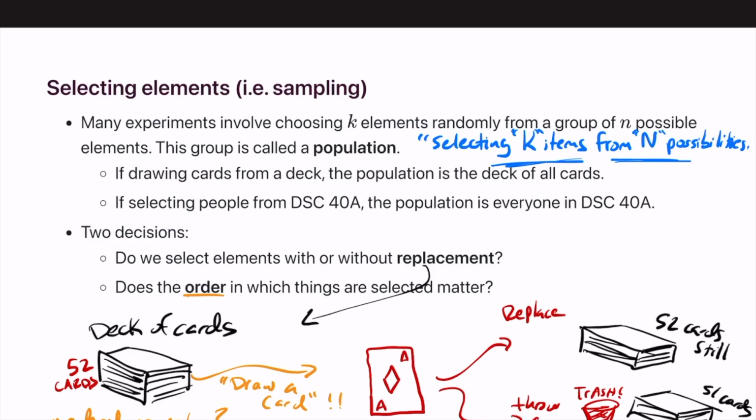So that's what we mean by replacement versus non-replacement. These are the considerations that we need to make when we're selecting elements or counting from a population. So this is what we will be talking about in this lecture, and we'll start with sequences.